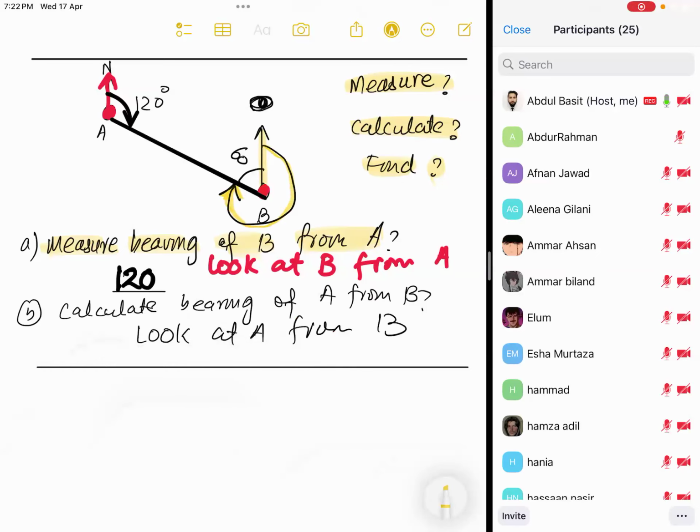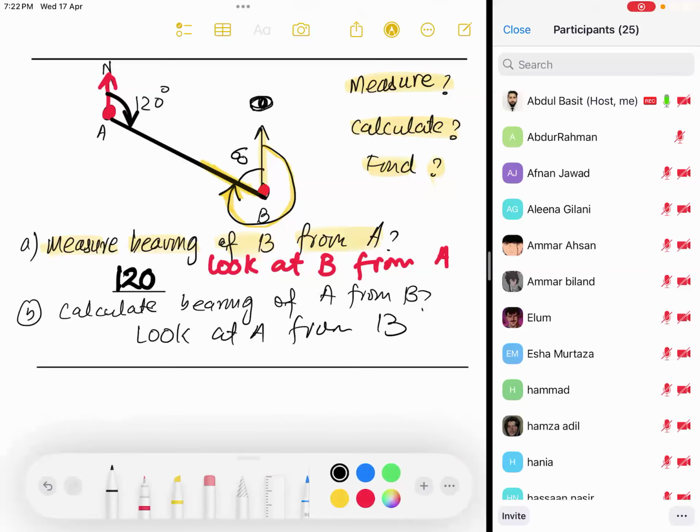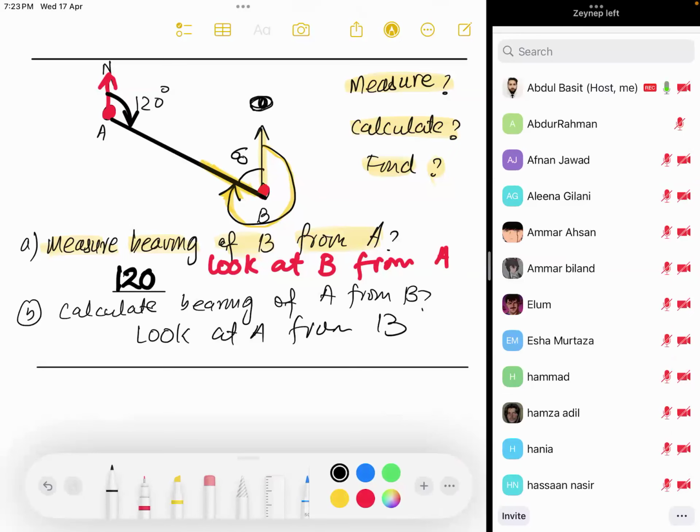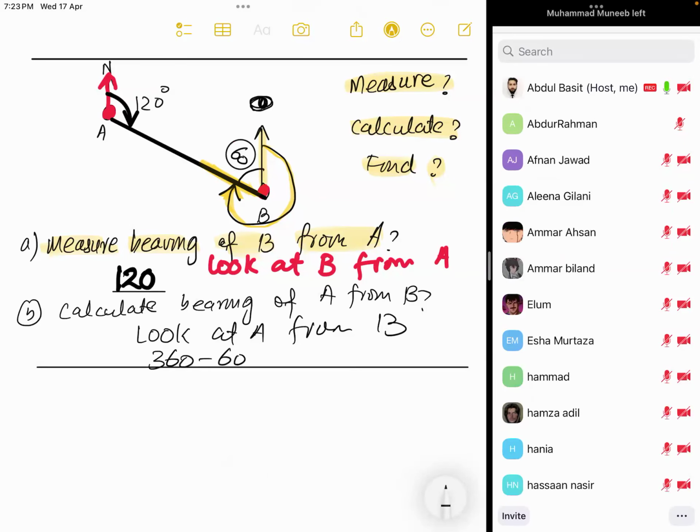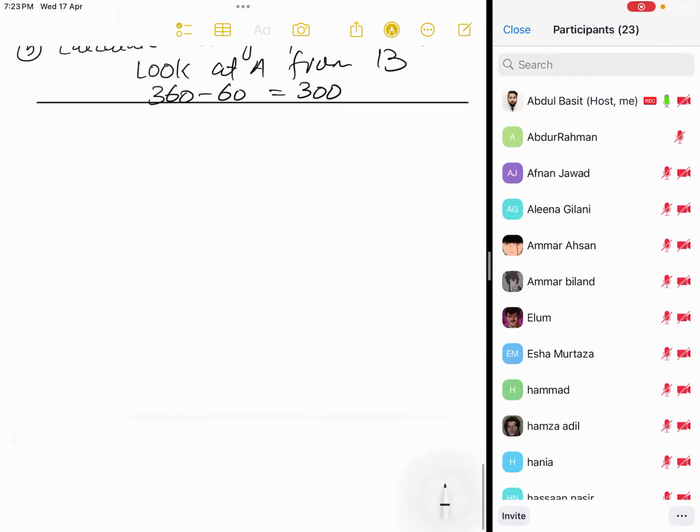If I watch this line, it means that I can watch A as well. We know that co-interior angles of a parallel line add up to 180. So 180 minus 120 is 60 degrees. And 360 minus 60 would be 300. That is the bearing.